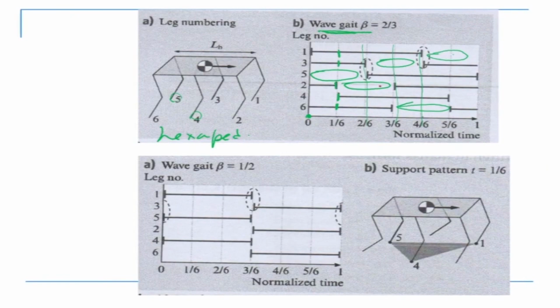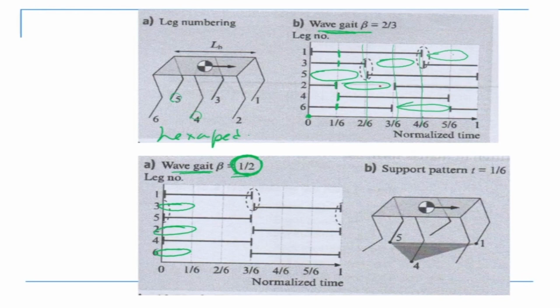Now, wave gait with duty factor half is this one. Duty factor half basically means half the legs are in air. So 3 is in air, 2 is in air, 6 is in air. This is the meaning of half.